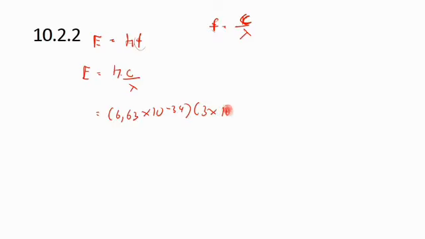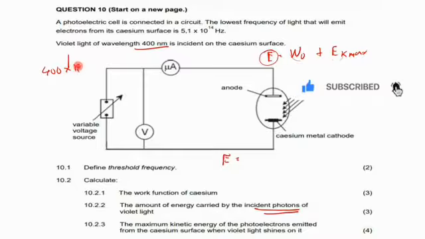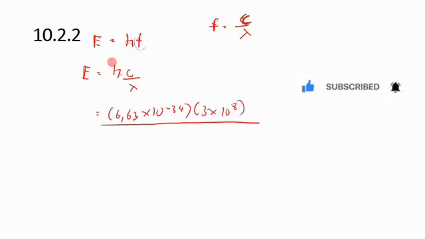And then c is the speed of light in vacuum, so 3 times 10 to the exponent of 8 over, remember, we've been given the wavelength. The wavelength was given as 400 nanometers, which we said will be 400 times 10 to the exponent of negative 9 meters. So let's substitute it here.